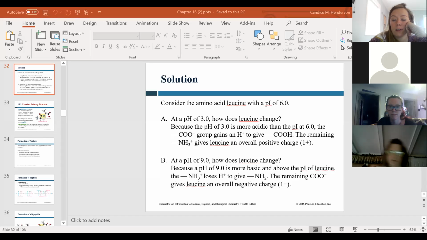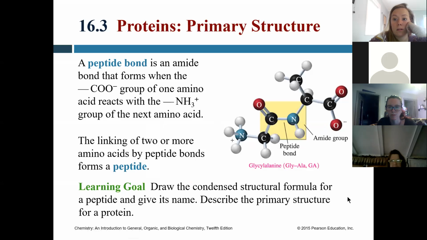We left off talking about proteins and separating them into primary, secondary, tertiary, and quaternary structures. These things get layered on top of each other.